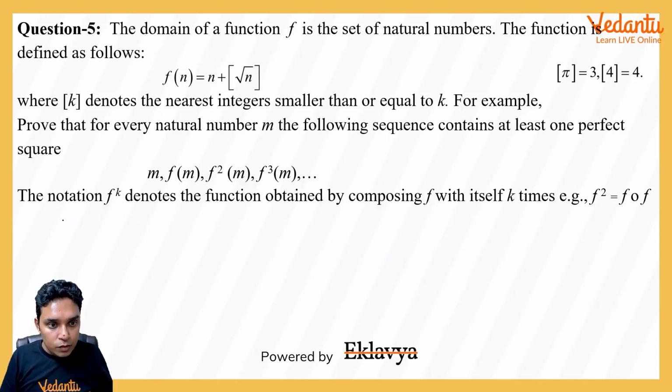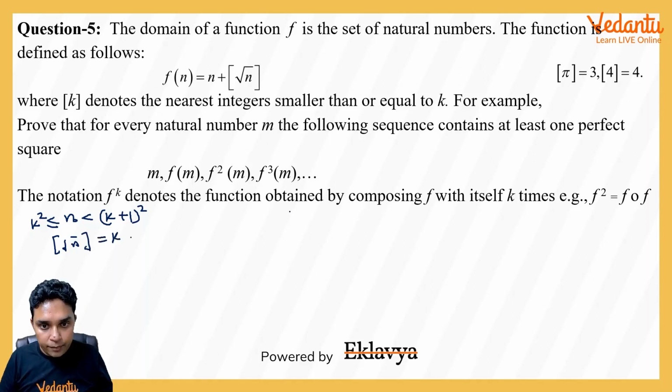First, I will take my n to be lying between k square and (k plus 1) whole square, in which k square is included and (k plus 1) whole square is not included, so that the integer part of root n will always be equal to k. You can check. In fact, I can draw this on a number line, where I start with k square, included, and end at (k plus 1) whole square minus 1.